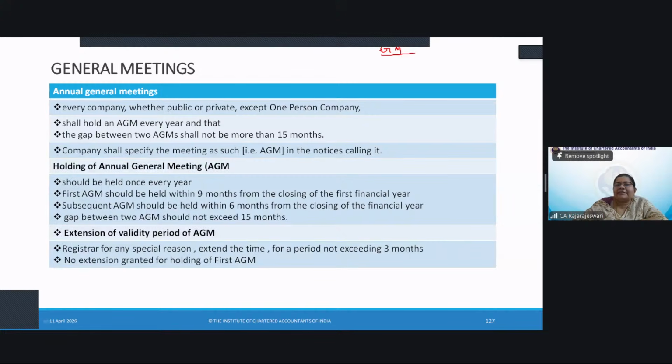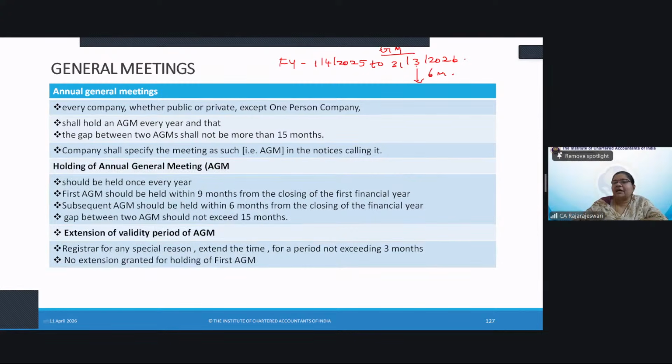Now, general meetings. Every company should hold an annual general meeting. The rule is that we close the financial year; we take the financial year from 1st April. See, this year, 2025 to 31/3/2026 is our financial year. So from the close of this financial year, a 6 months time limit is there.